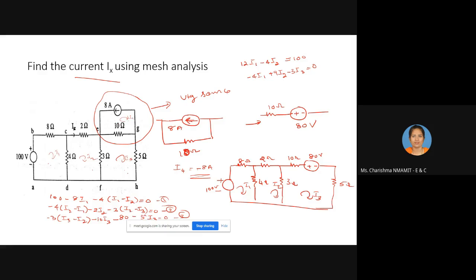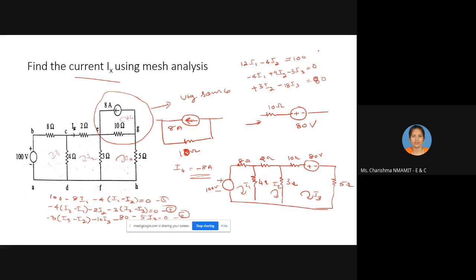Next is minus 3I2, plus 18I3 equal to 8, or you can write minus 3I2 plus 18I3 equal to minus 8.